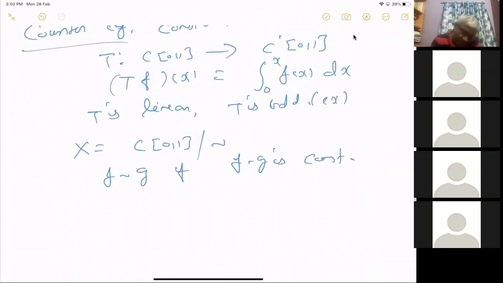Then the inverse, I define T tilde from X to C[0,1]. And that will be up to a constant, no? Is it well defined?